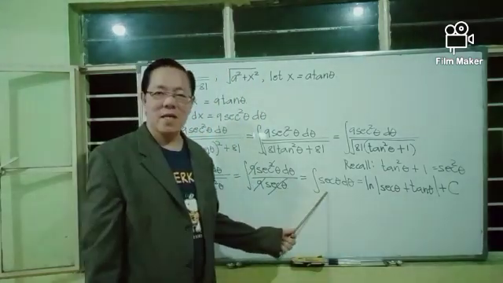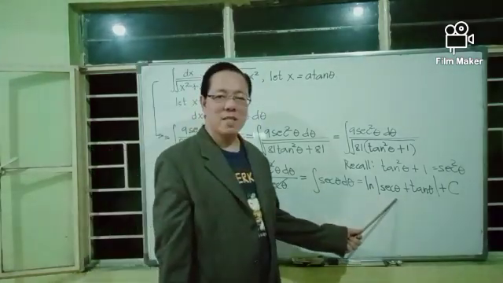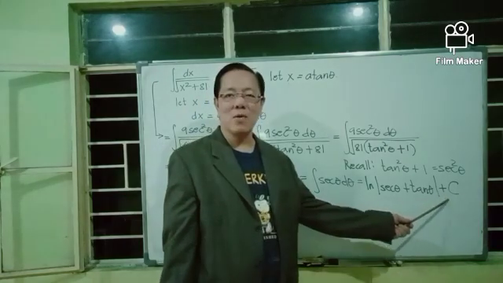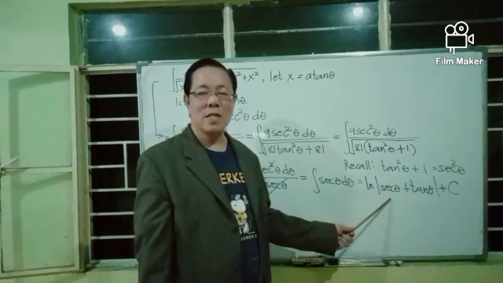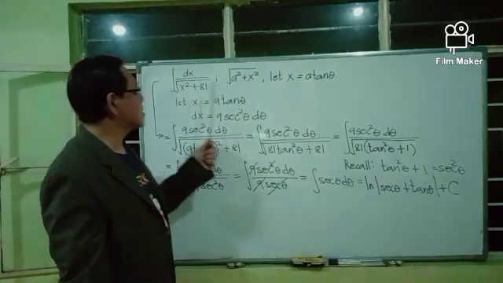Again, the integral of secant theta is equal to ln of secant theta plus tangent theta plus c. And we have to write the answer in terms of the original variable x.